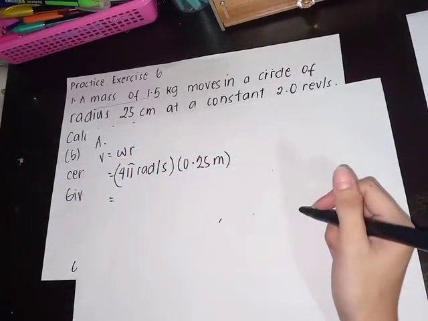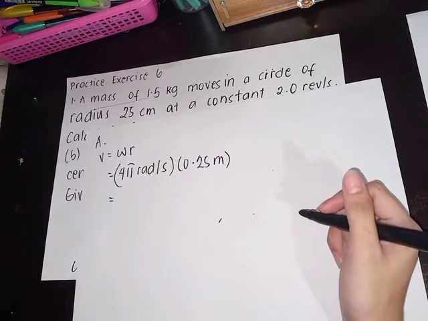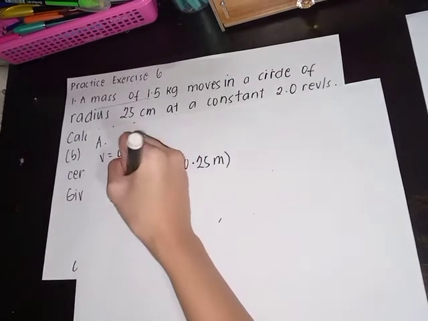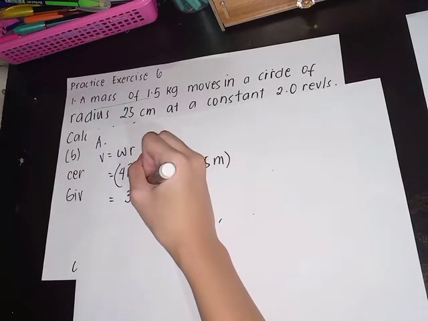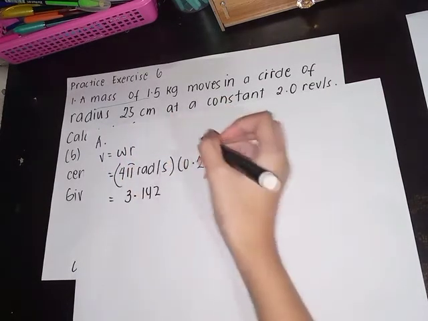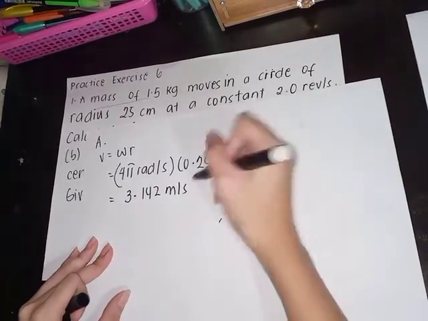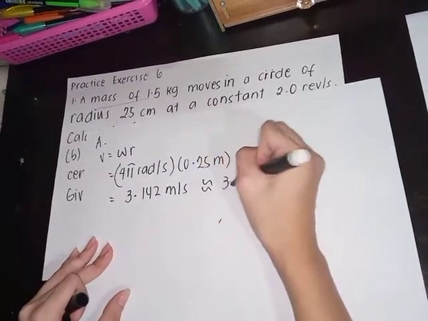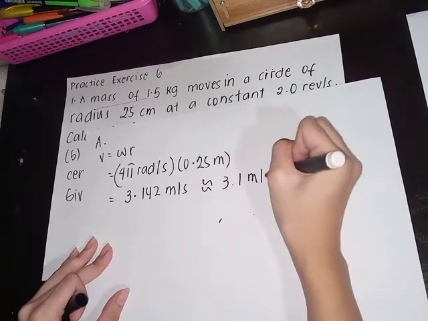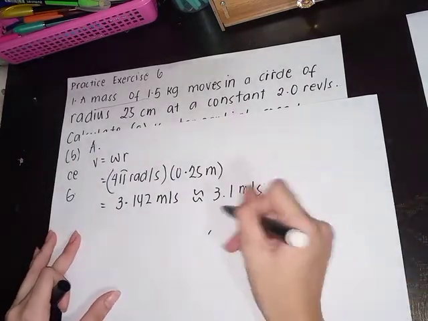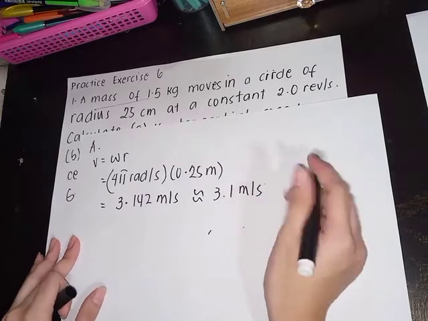So, calculating, we have 3.142 meter per second, or approximately 3.1 meter per second. So we have the tangential speed of 3.1 meter per second.